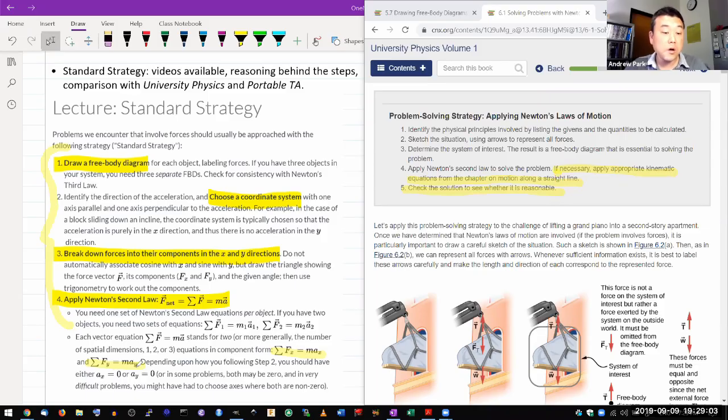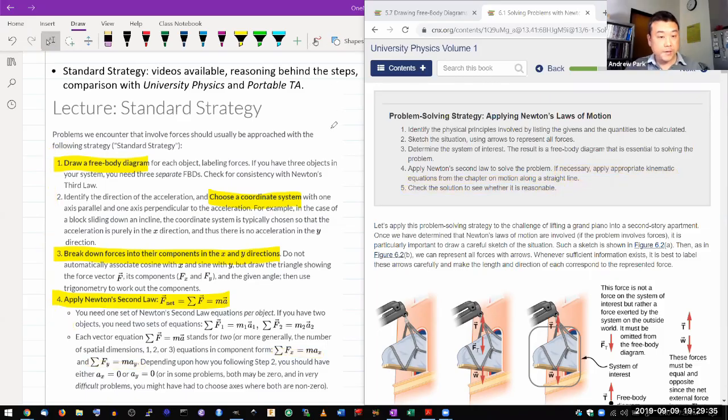So really, there's a step number 5, which is actually solving the problem. But once you get to step number 4 and you have a system of equations, most of you know how to go from there and solve to get a result. And checking to see whether the solution is reasonable, that's a habit you should be building, and we'll be illustrating that plenty of times throughout this semester.